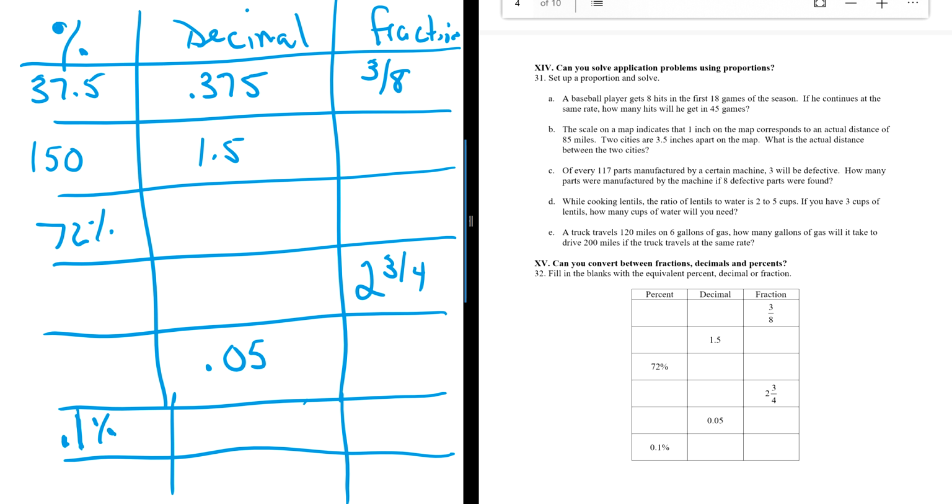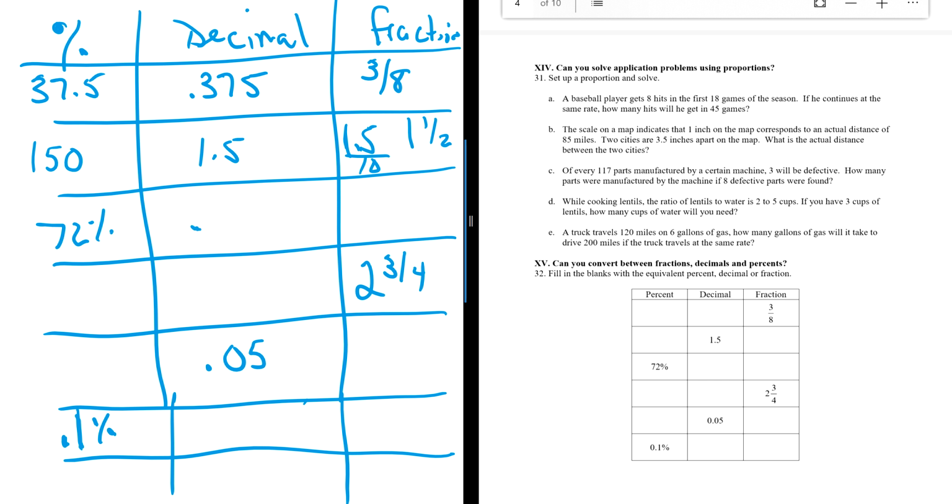Well, for the decimal 1.5, that means it is 1. I want this as a fraction. It's 1 and 0.5. So the 1 stays, and I take the 0.5 and put it over 10. And so 5 over 10 is like 1/2. So it's going to be 1 1/2. Okie doke.